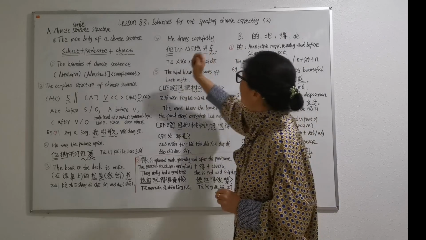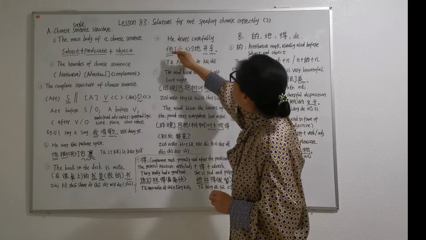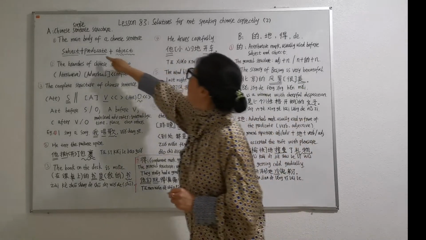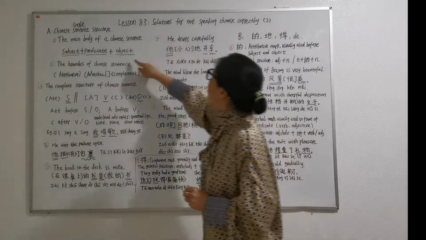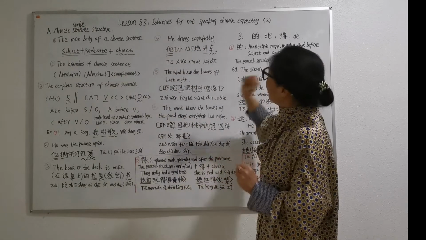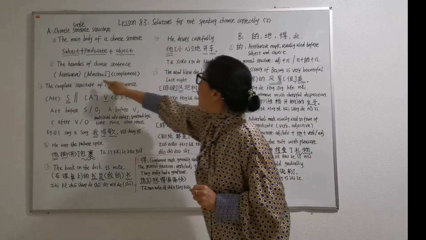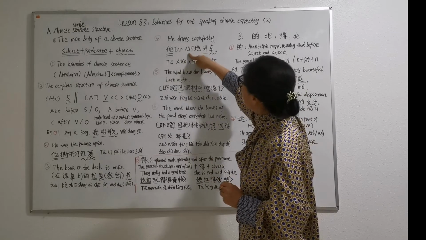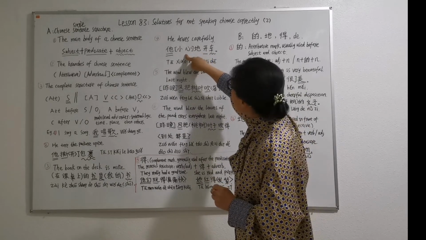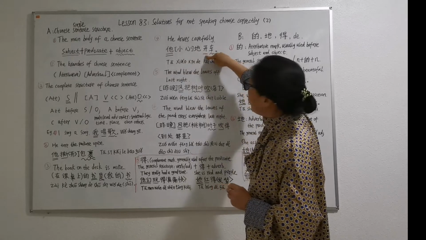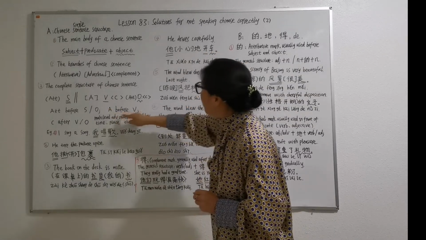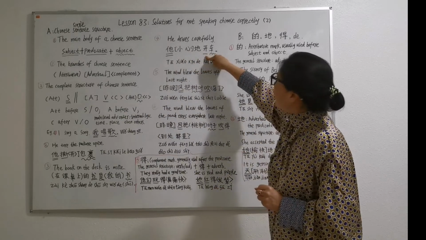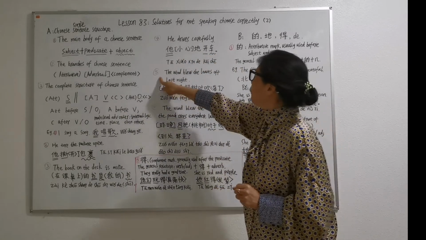So we check the main body first: 他, he, subject; 开, verb, predicate; and 车 is object. And we have an adverbial, 小心. It is before the verb. Look, before the verb, 小心 before 开.